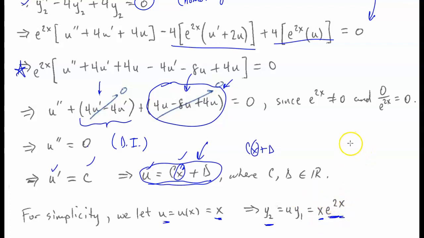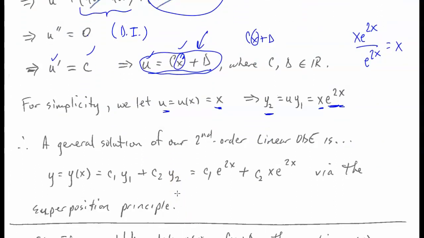And of course, if I was to take x e raised to the 2x, and here I divided it by e raised to the 2x, what I end up getting is x. And of course, x is not a constant multiple. In other words, it's not a constant number. So the x e raised to the 2x and e raised to the 2x aren't constant multiples of each other.